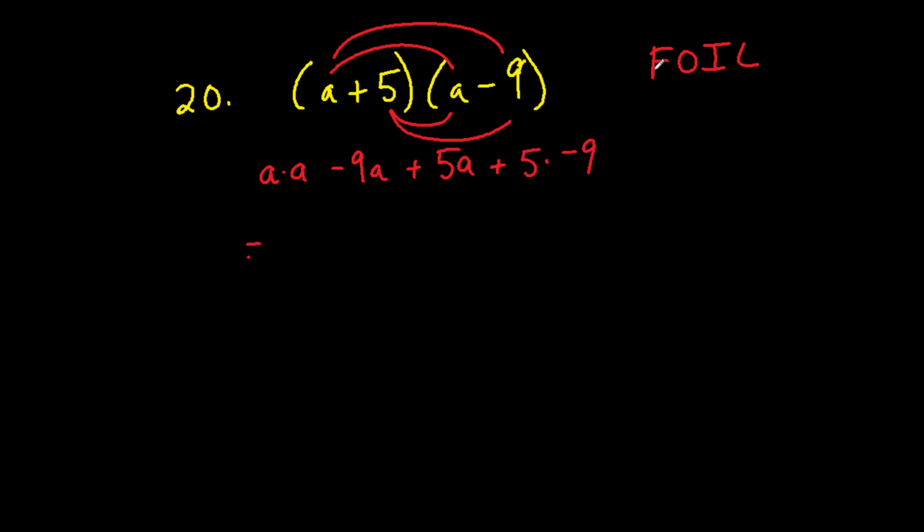So a times a is a to the second power. Negative 9a plus 5a is minus 4a, and 5 times negative 9 is negative 45. So that's the final answer to this polynomial multiplication problem. For the test, you should also be able to go the other direction if they asked you to factor this problem. But this question was just asking us to multiply.